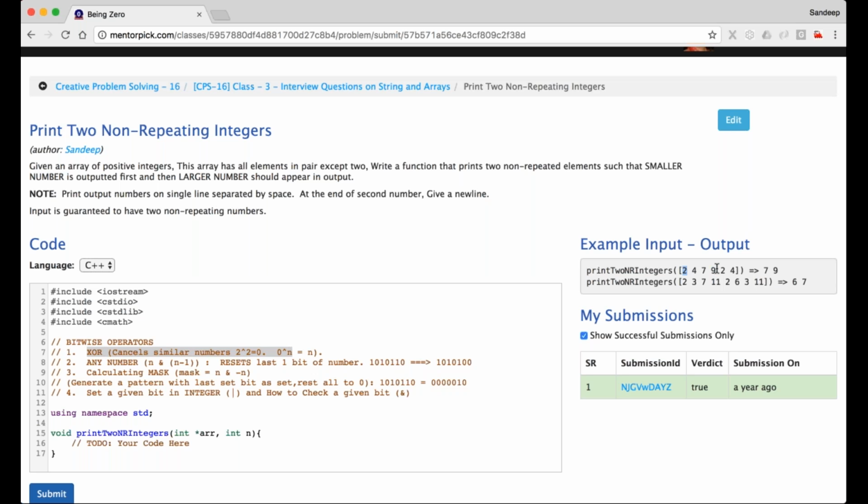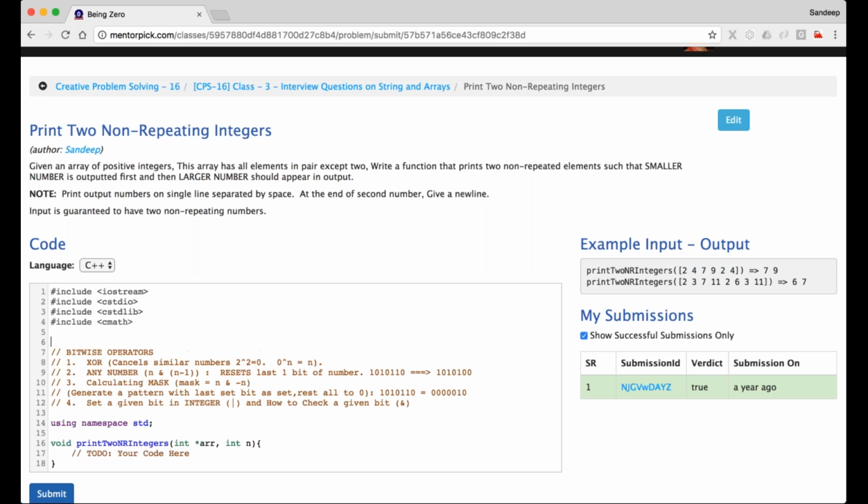We could have done XOR of all the values, and what XOR does is cancel out the similar numbers. So 2 XOR 4 XOR 2 can also be written as 2 XOR 2 XOR 4.